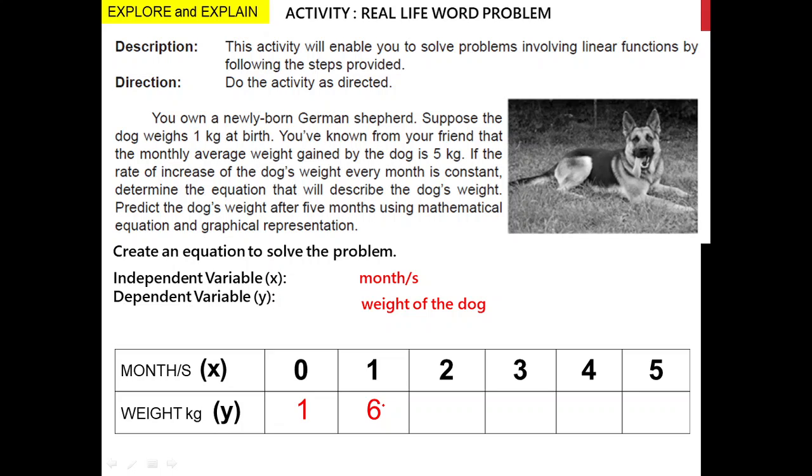Then in the next month, another 5 kilograms increase, so we have 11. On the third, we have 16. On the fourth month, we have 21. And on the fifth month, the dog weighs 26 kilograms. Now we already have our data.